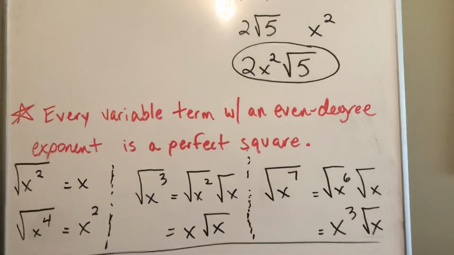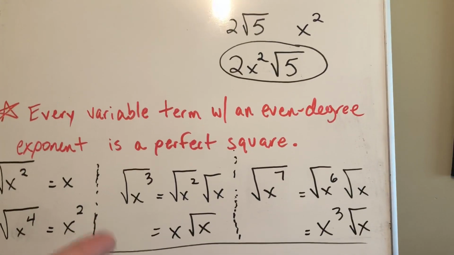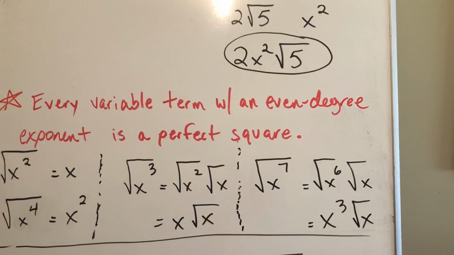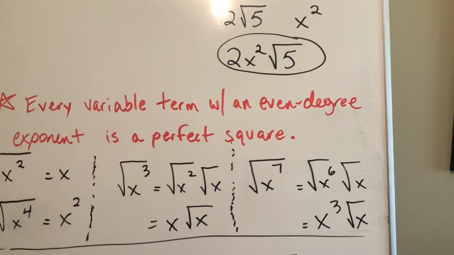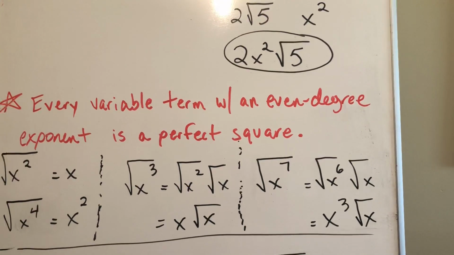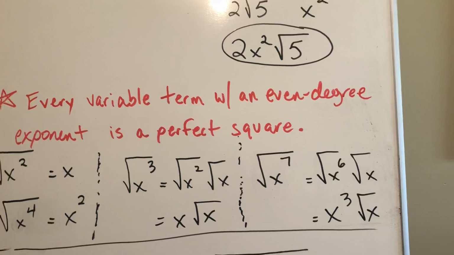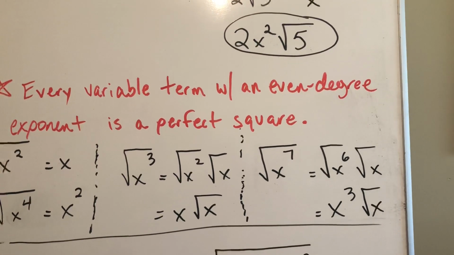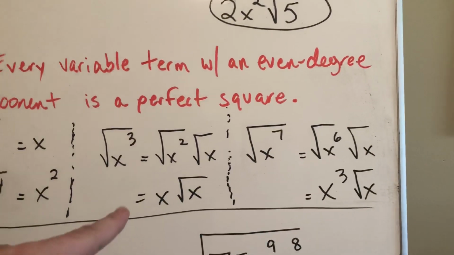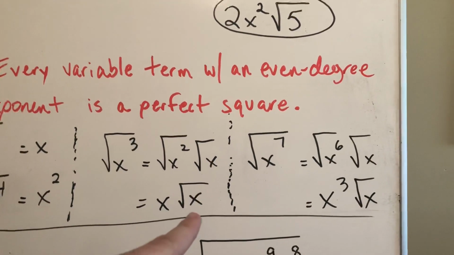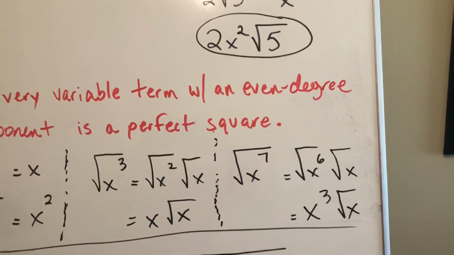Now it's a little trickier when you have an odd exponent. So look at the example of square root of x cubed. So I need to take out a perfect square factor. We're always going to be able to do this because we know that the even exponents are all perfect squares. So factors of x cubed would be x squared and x. Since the square root of x squared is just regular x, I put that first, and I do have to leave almost like a remainder of square root x that has to stay under the radical sign.